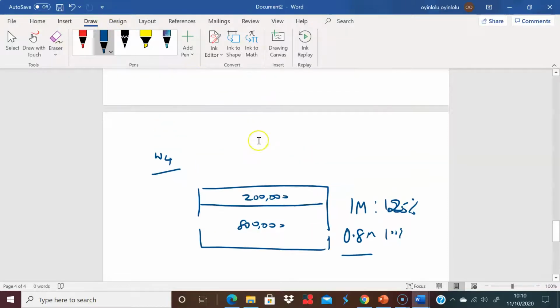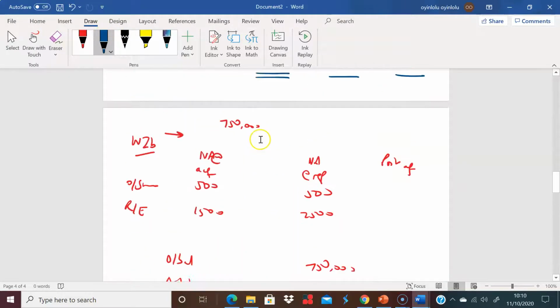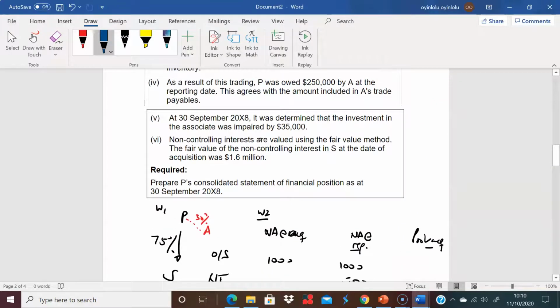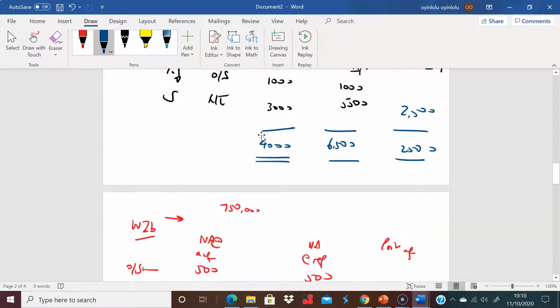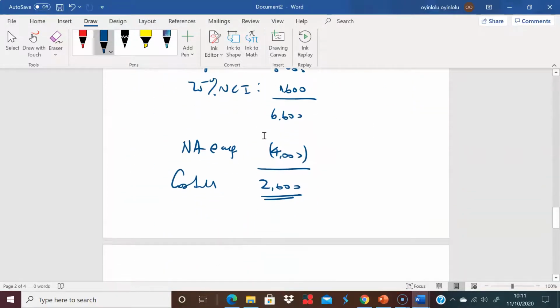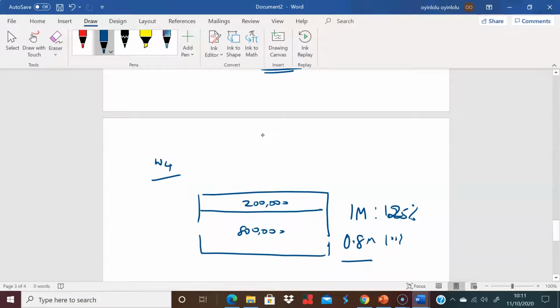Now let's look carefully at what the question is really telling us. I'm using this example to explain the problem. It says that P sold these goods at the year end, and A still has a quarter of these goods. So it sold 3/4, and it still has a quarter of the goods left.